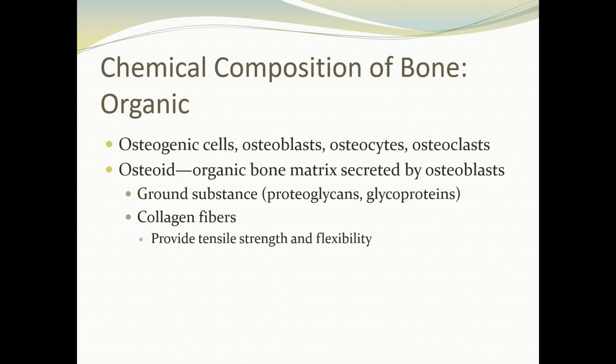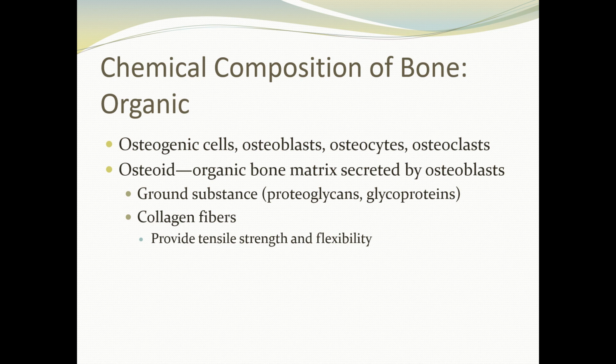When we look at anything that is organic, it is going to be forming carbon and hydrogen bonds, or it could also include the actual living cell. So here we see that osteogenic cells, osteoblasts, osteocytes, and osteoclasts are all included in the organic matrix.